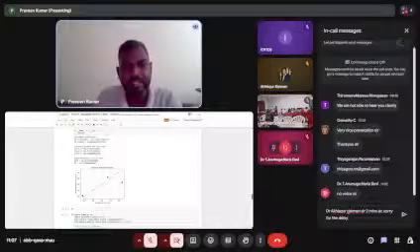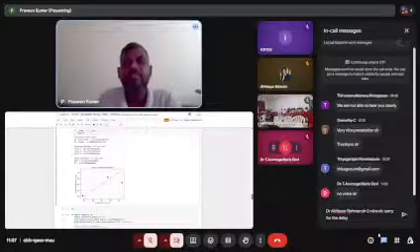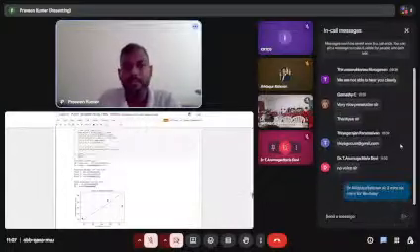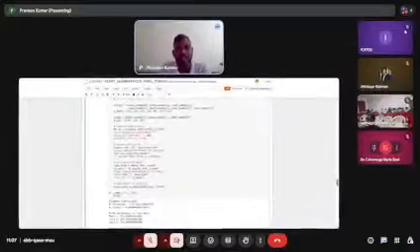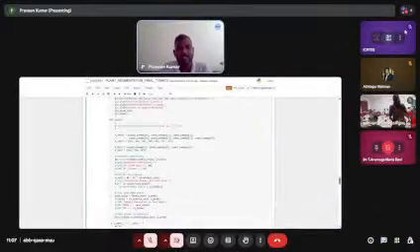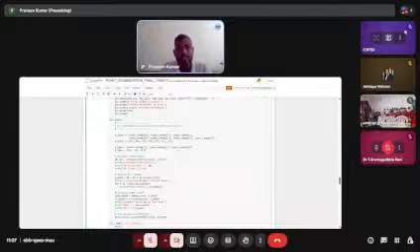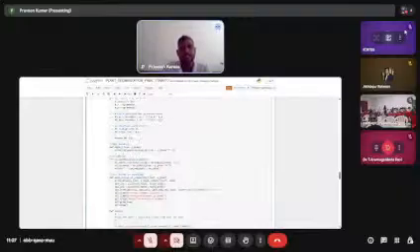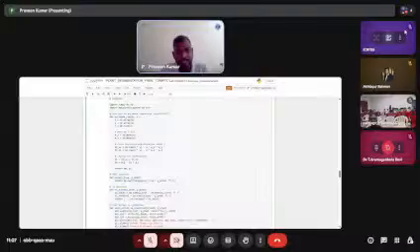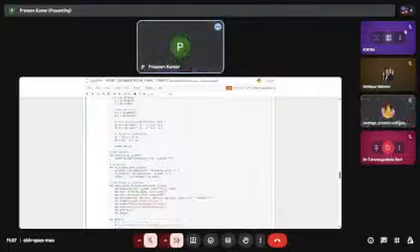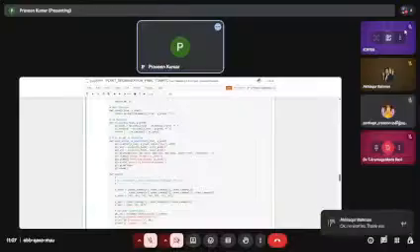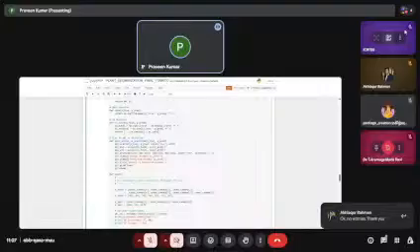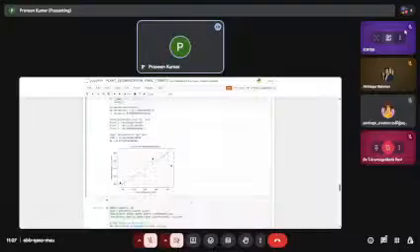So from sklearn we are just importing the linear regression, and in this we are just going to fit the model here. Now you can see the model dot linear regression. So we are just saying the linear regression model.